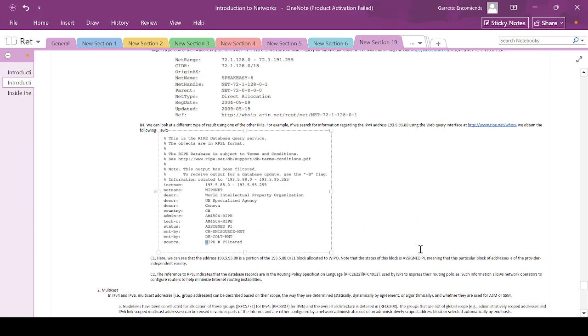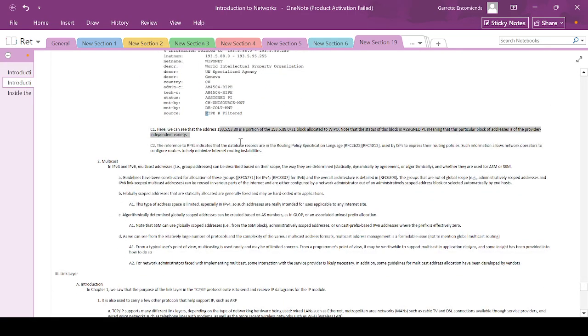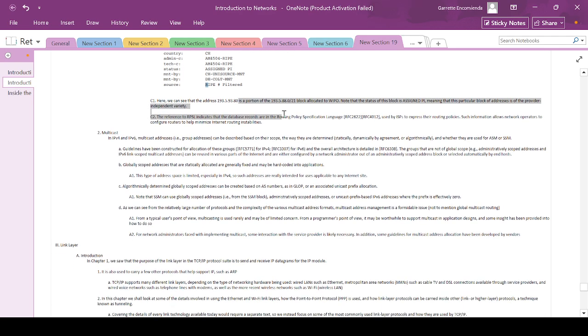We can look at a different type of result using one of the other RIRs. For example, if we search for information regarding the IPv4 address 193.5.93.80 using the web query interface at http://www.ripe.net/whois, we obtain the following. Here we can see the address 193.5.93.80 is a portion of the 193.5.88.0/21 block allocated to WIPO.